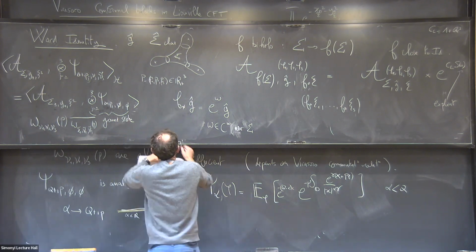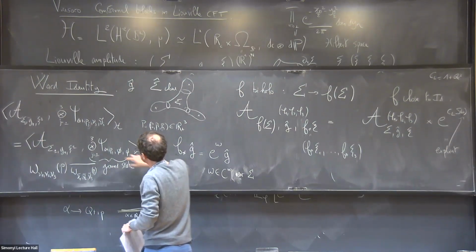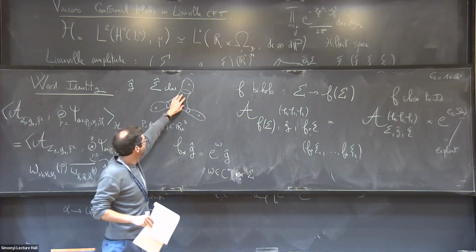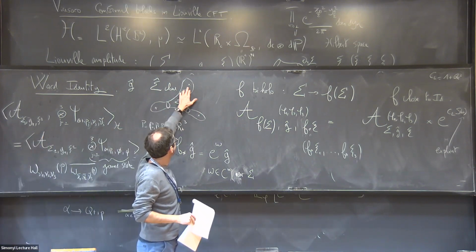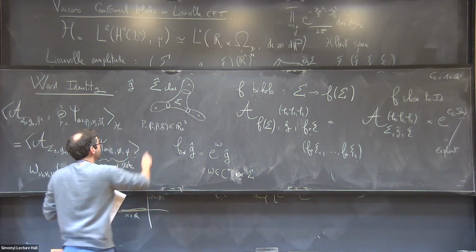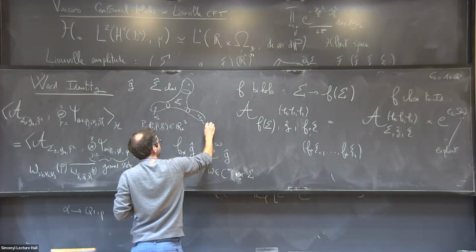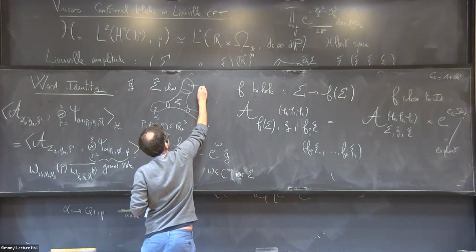And you can interpret it as a gluing of this amplitude, which is this sigma 1, with 3 disks with some marked point. This one has weight alpha 1, this one alpha 2, and this one alpha 3.